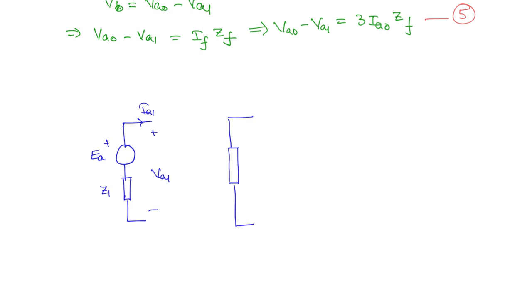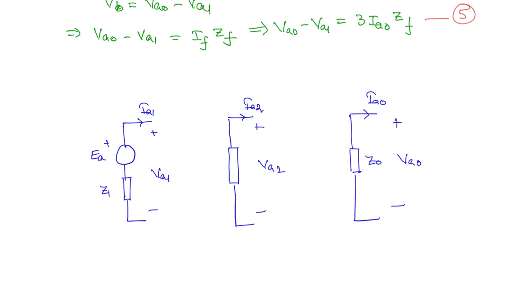The current coming out of this is IA2 and this voltage is VA2. And finally the ground zero sequence network. This is going to be Z0, current flowing out of this is IA0 and this voltage is VA0.